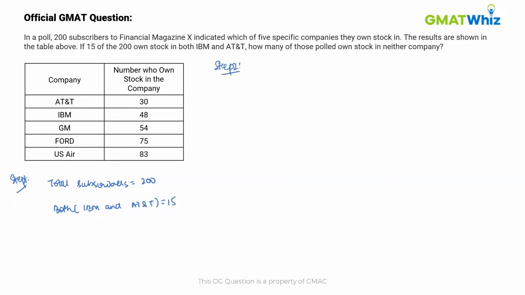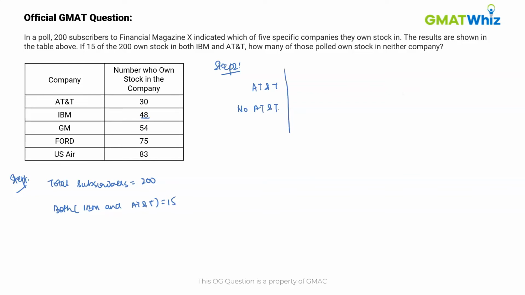Now we are going to form a matrix using which we will determine how many of the subscribers own none of the stock in both the companies. Let's create a matrix where the column has the number of subscribers who own AT&T and the number of subscribers who do not have any stock in AT&T.